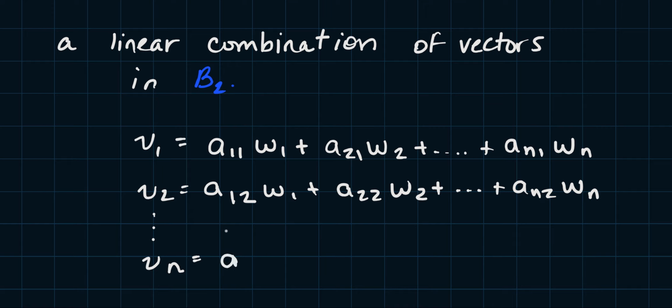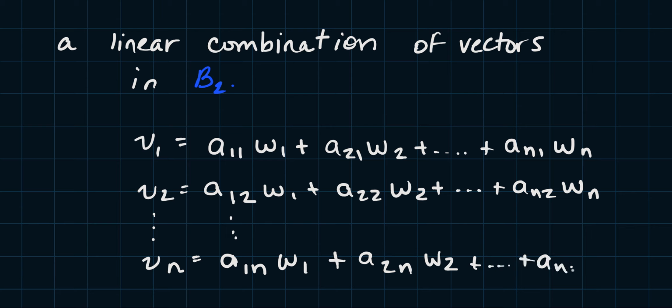And the last one is A1n W1, A2n W2, then Ann Wn. So the first one corresponds to V1. See how this is An1 and this goes with n? And then this one corresponds to the vector Vn.